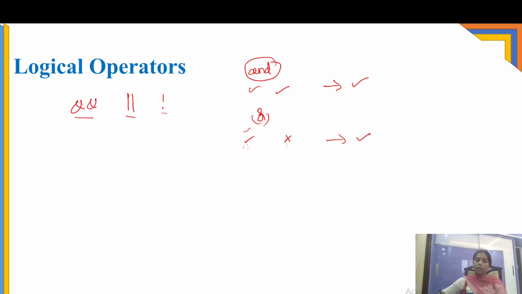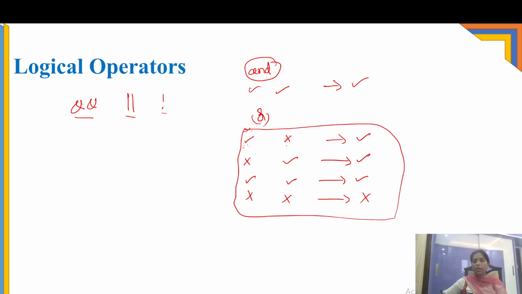If both are true, the output will be true. Only if both are false will the output be false. In OR, if any one of the statements is true, the output will be true, otherwise it will be false. In AND, if both the statements are true, then only the output will be true. If any one of them is false, the output will be false.